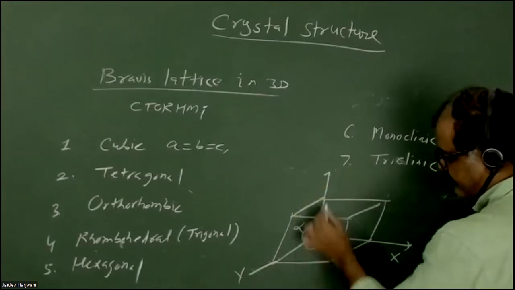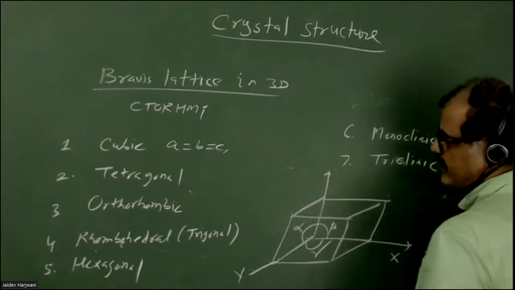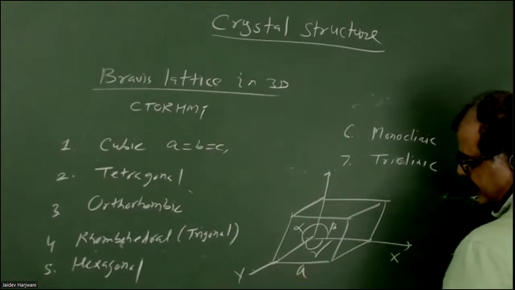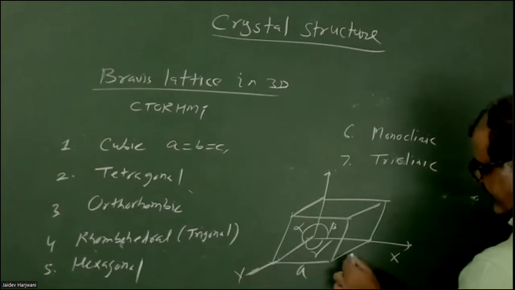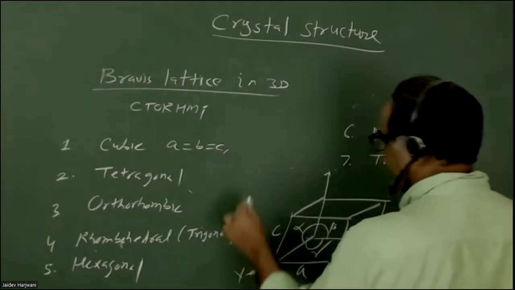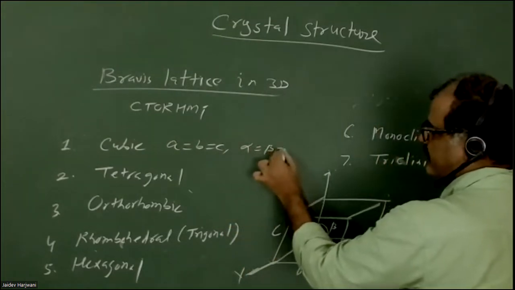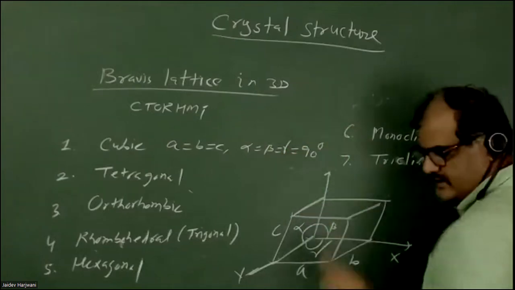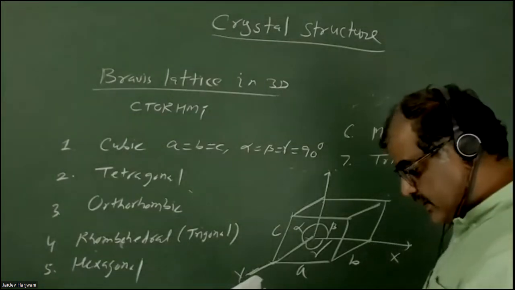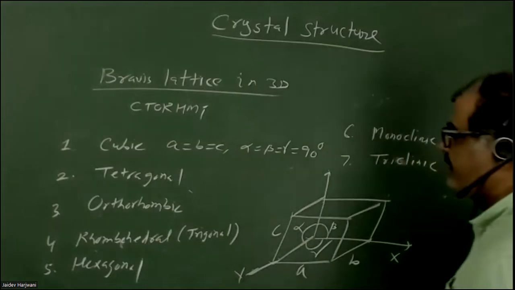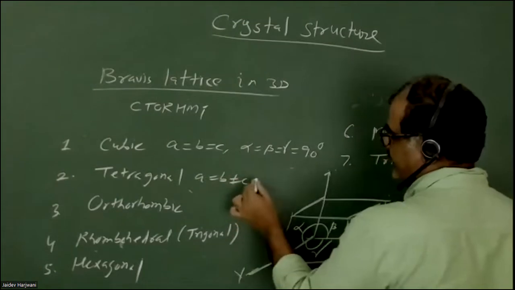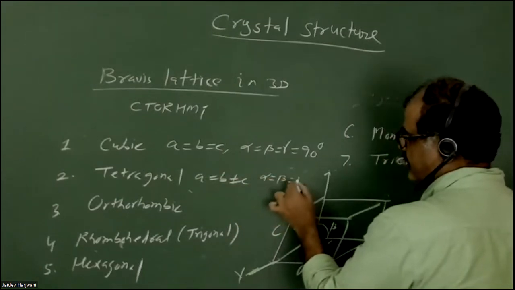The angle in front of Z is gamma. Now in the X direction, this is a lattice vector, lattice distance A. This is your B, and this is your C. So in cubic crystal we have A equal to B equal to C, and alpha equal to beta equal to gamma equal to 90 degrees. Similarly, tetragonal: A equal to B, not equal to C, and alpha, beta, gamma 90 degrees.